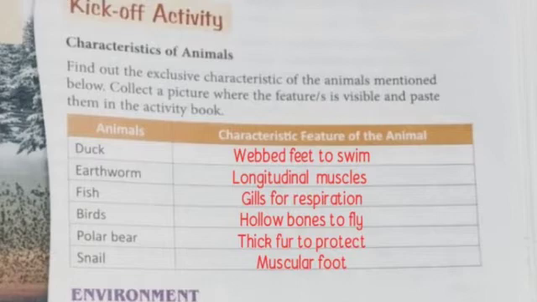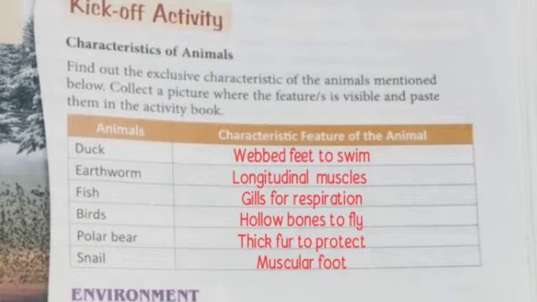Through them, locomotion occurs. Third is fish. One characteristic, presence of gills for respiration. Birds. There are many characteristics. One of them is hollow bones, which help them to fly.